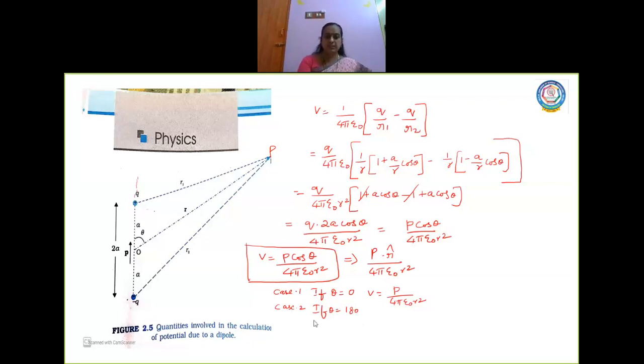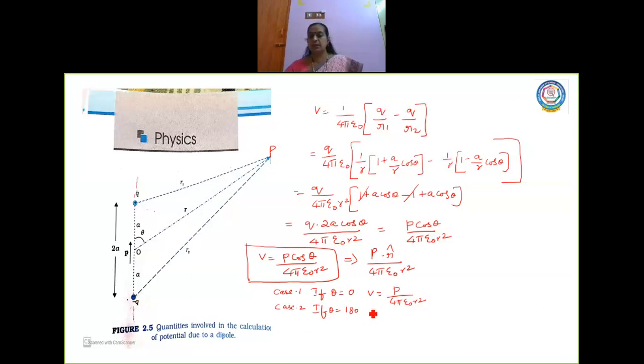Now consider this point P to be along this side of the dipole. Again, when I keep a dotted line here, imagine the point P to be somewhere here. So in this case, what will be the direction between P and Q? It will be minus Q to plus Q, right? So in that case, the angle will be 180 degree.